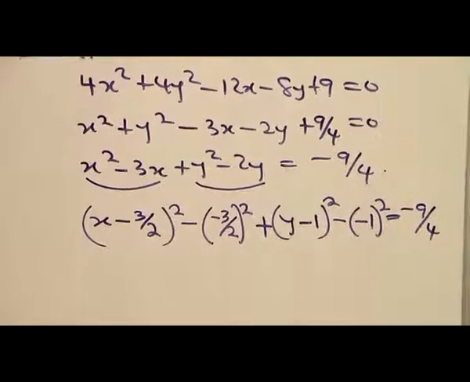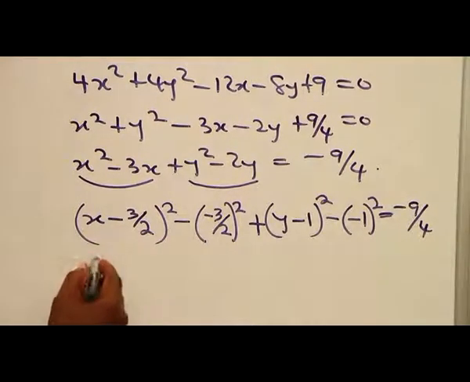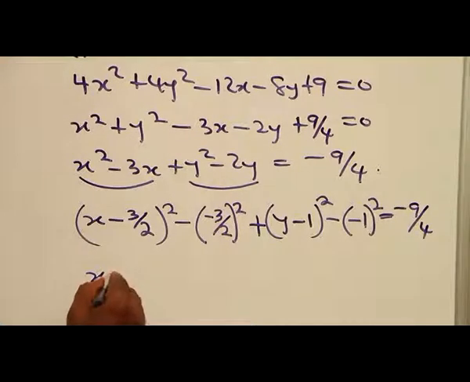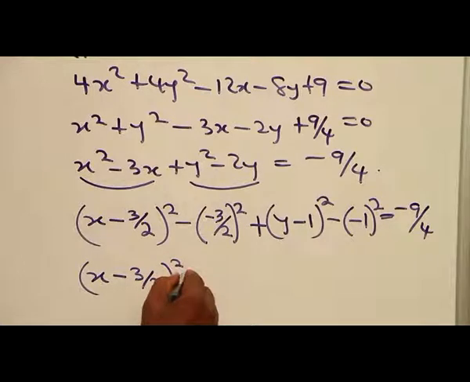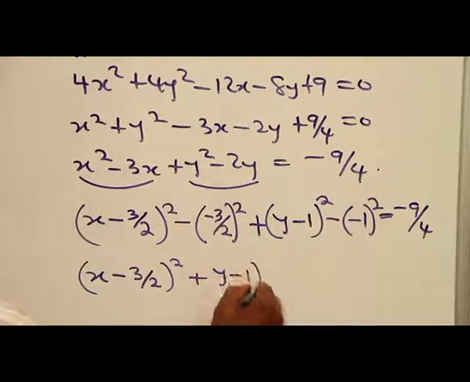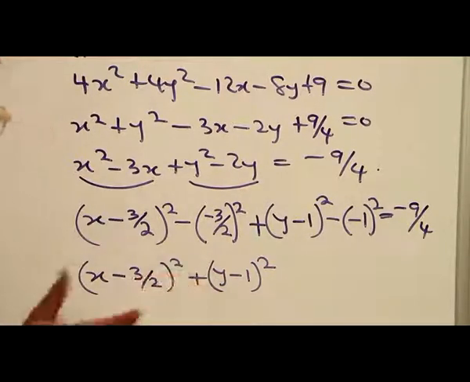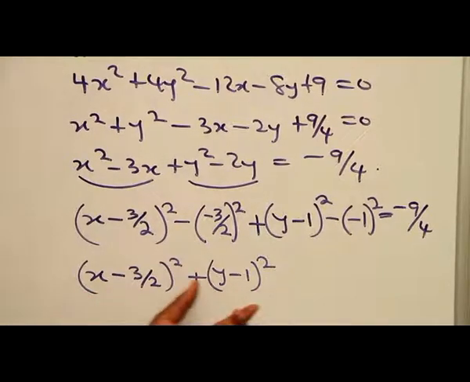Completing the square method. Now, what do we do in this case? We have here now that our s minus 3 all over 2 is squared, and here we also have plus y minus 1 all squared. We are now trying to write it to have the standard format of the equation of a circle.